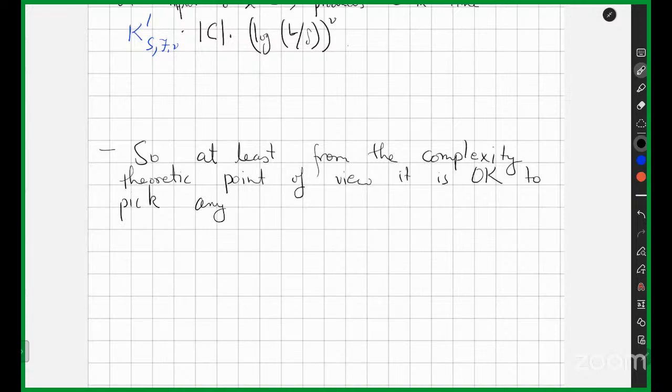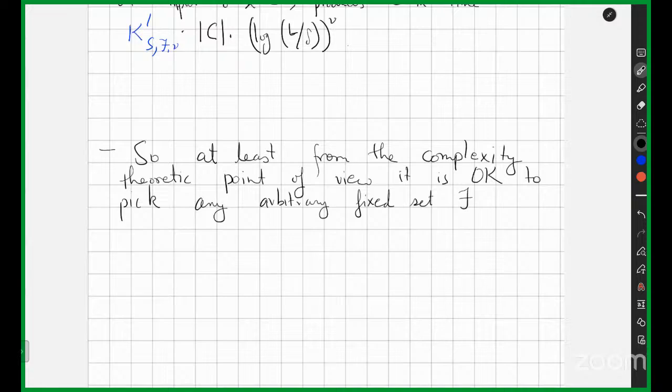In an arbitrary fixed set of gates. So this fixed set is important. This set should not change with the instance size or the input or anything. It should be fixed in advance.